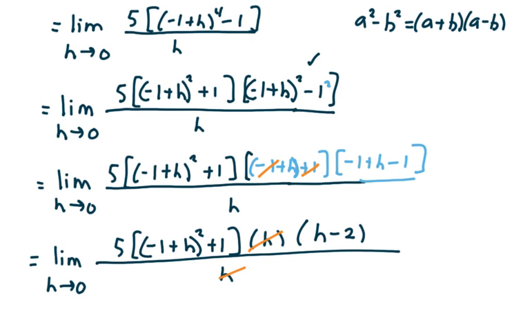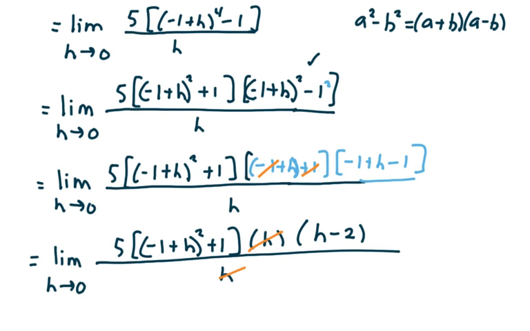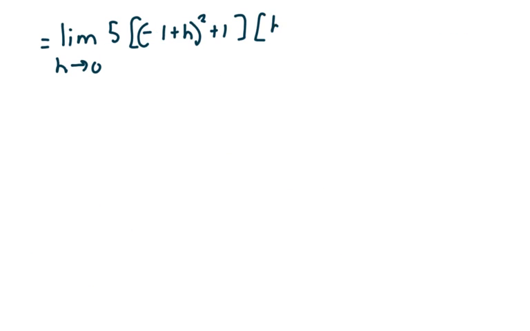I'm going to take 5 times negative 1 plus h squared plus 1 times h minus 2. Now I'm ready to plug in 0 for h.